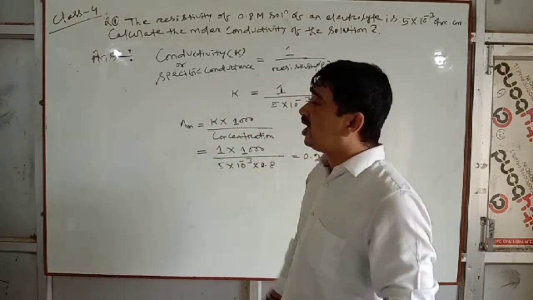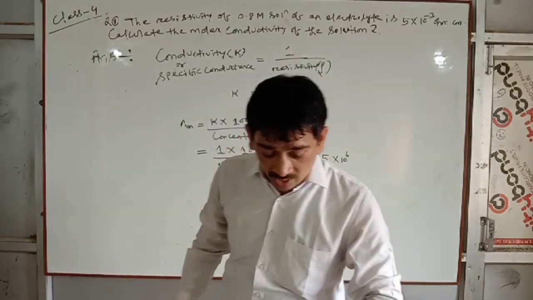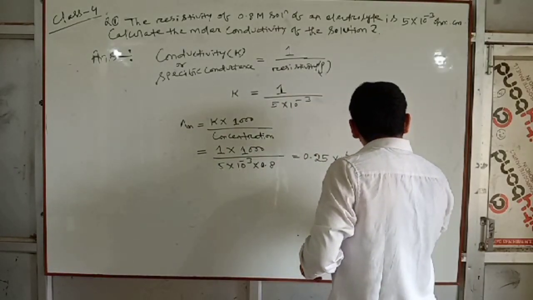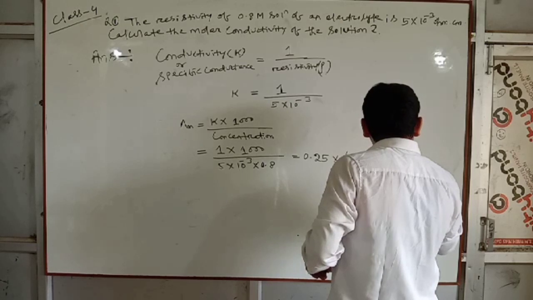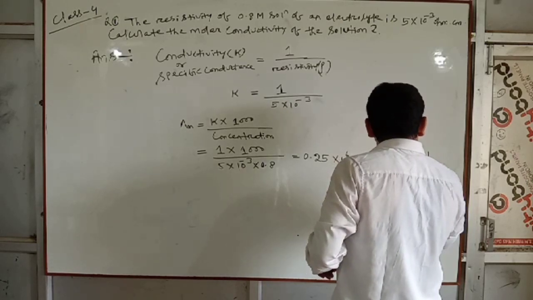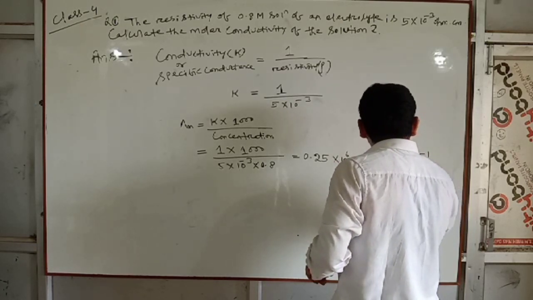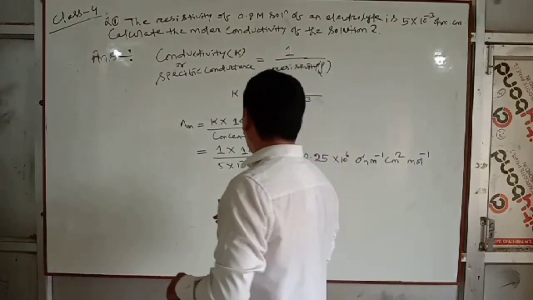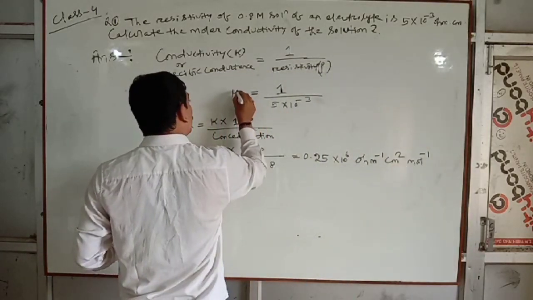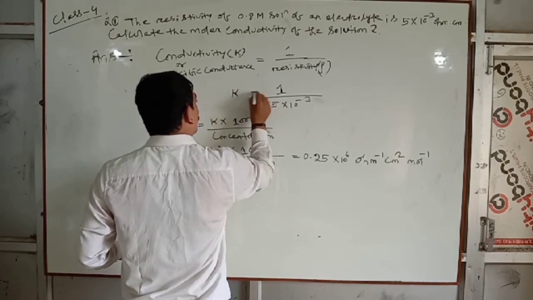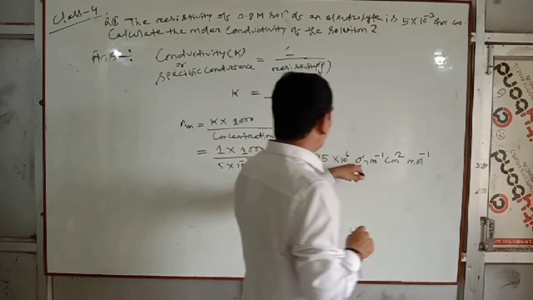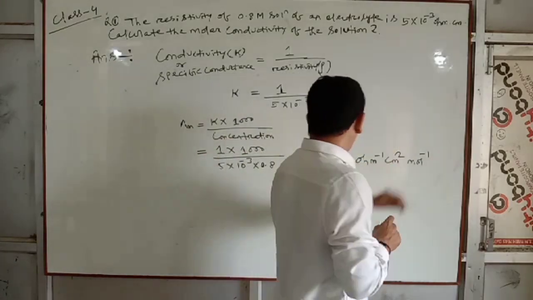So what is the unit of molar conductance? You have to write the unit. Molar conductance has the unit ohm inverse centimeter square mole inverse. So molar conductance equal 0.25 into 10 to the 6 ohm inverse centimeter square mole inverse.